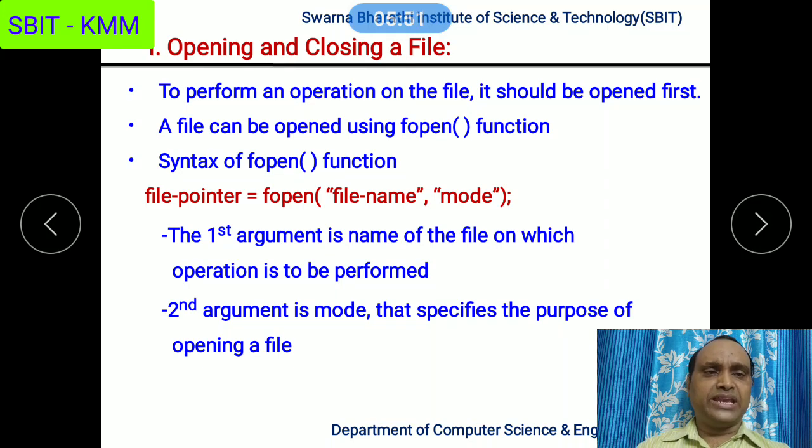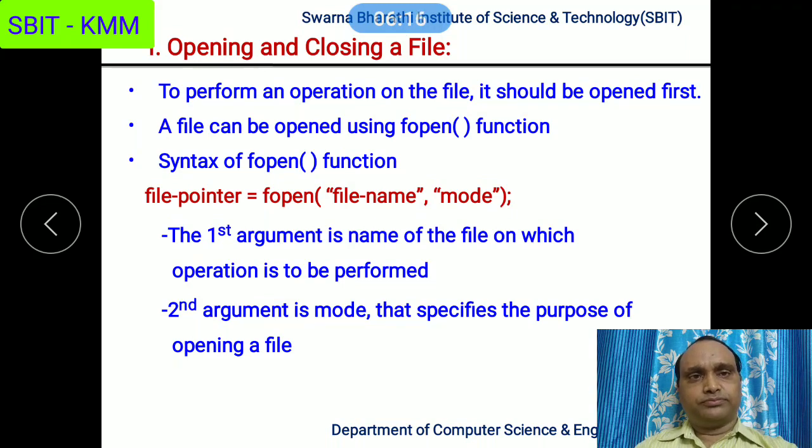So to perform any one of these operations, we would like to open the file. That is called mode. Mode specifies the purpose of opening a file, meaning whether you would like to open the file to perform a read operation, a write operation, or an appending operation. That is specified by the mode option.